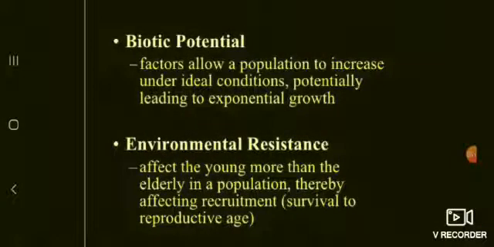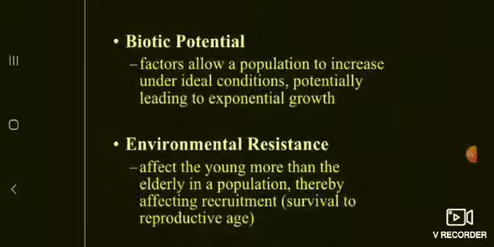Now come to the next characteristic of the population, that is called biotic potential. It is the inherent capacity of a population to increase under optimal environmental conditions. So, the factors allow a population to increase under ideal conditions, potentially leading to exponential growth. Now, the next characteristic is called environmental resistance, that is also called population regulation.